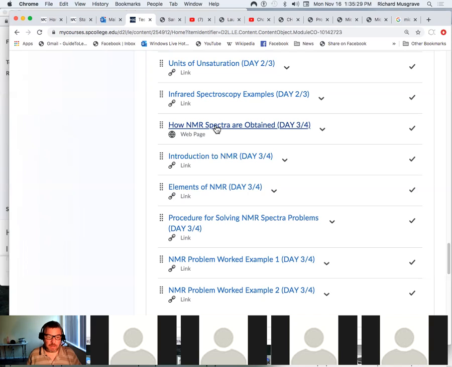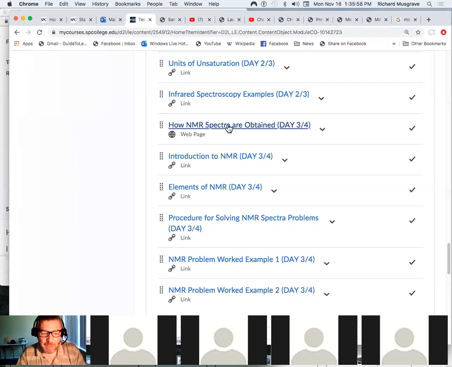But the word nuclear would freak people out because they think it has something to do with radiation, which it does, but not that kind of radiation. So they changed the name to MRI. It's the same thing. There's nothing different about it at all.